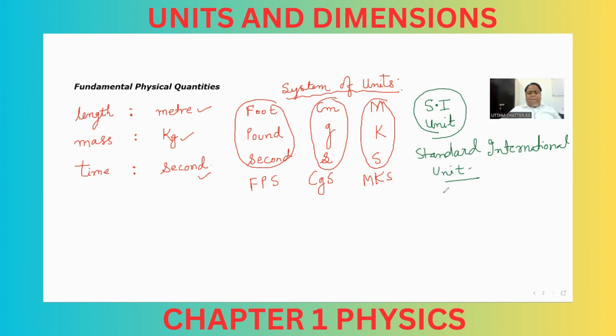SI unit is quite similar to MKS system, very close to MKS system, because this system of units have developed over a period of time. So MKS is quite closer to SI system. In SI system, we take distance as meter, small m, mass as kg, and time as second.